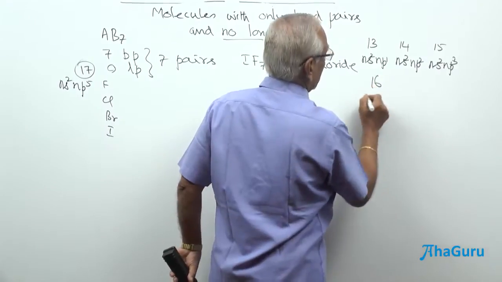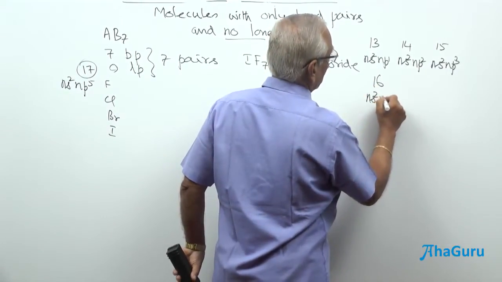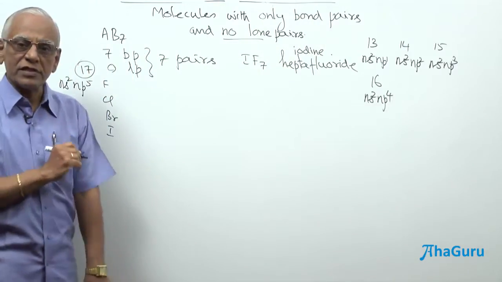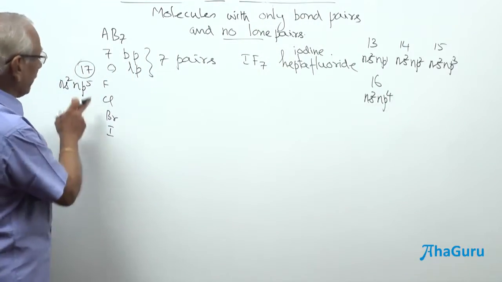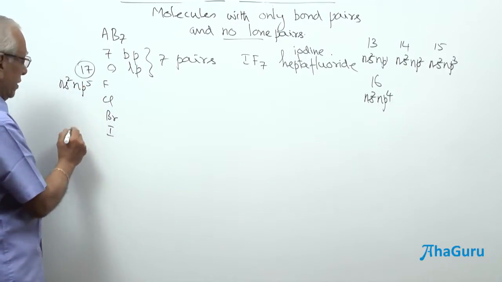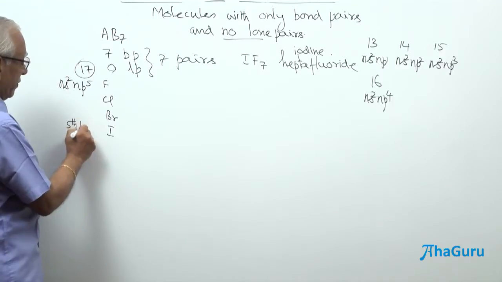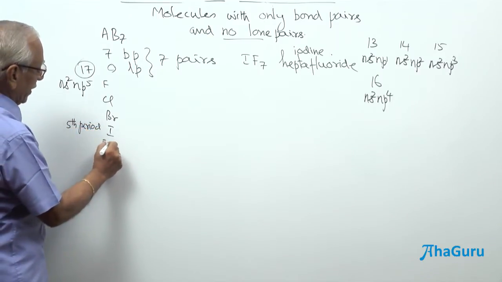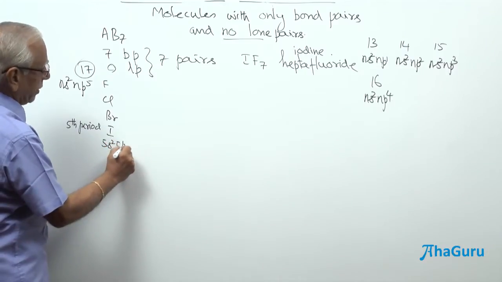Group 16, ns2, np4, and that is group 17, ns2, np5. Just the general configuration. Now, what is the value of n? Which period? Second period, third period, fourth period. So, this is going to be the fifth period. And being a fifth period here, it should have 5s2 and 5p5.